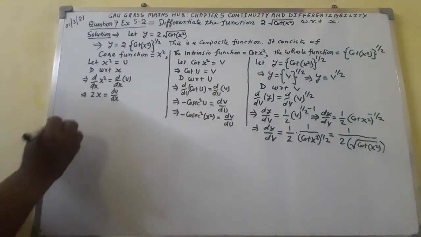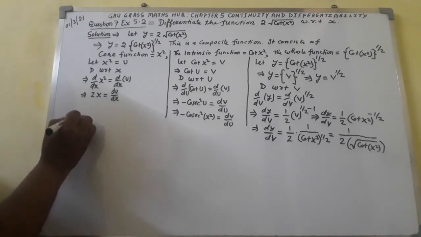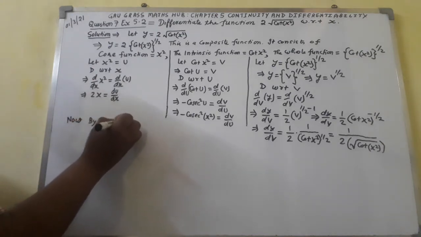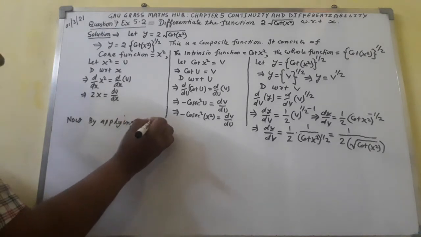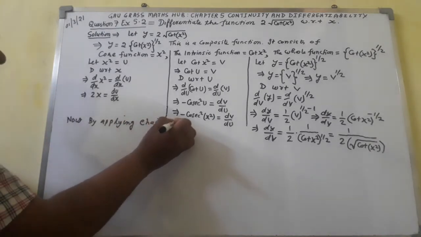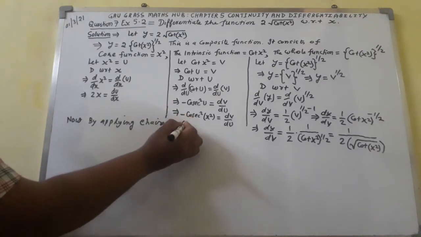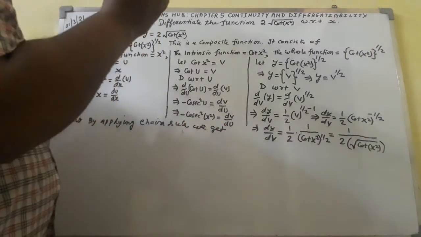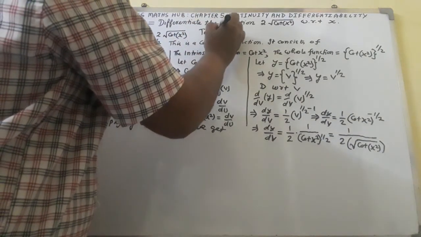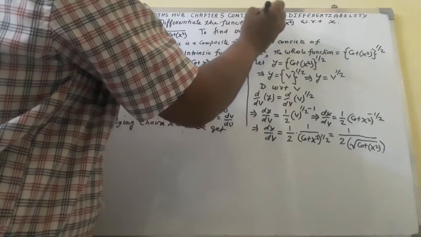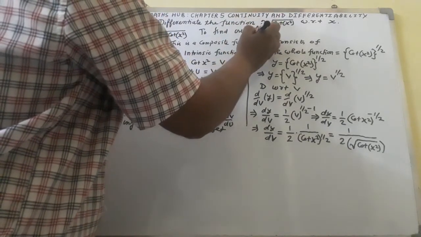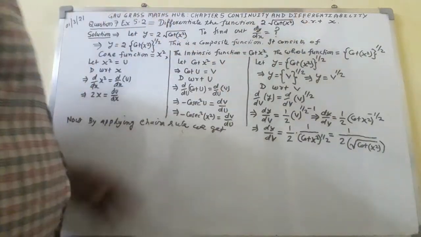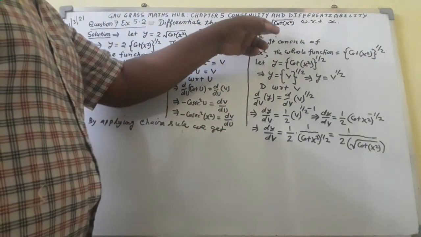Now by applying the chain rule, we have to find out dy over dx equal to what?